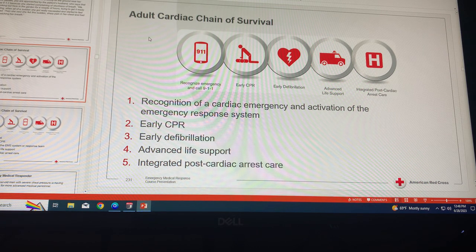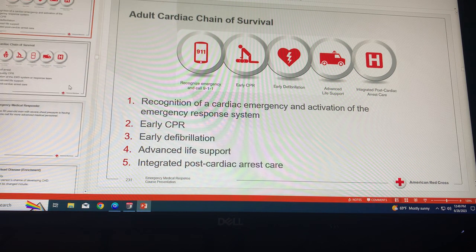Early defibrillation, advanced life support, and integrated post-cardiac care. One consistent thing you're noticing is early CPR, early defibrillation. Sometimes acting 1 or 2 minutes late can be the difference in saving someone's life or not. So we want to be well trained and prompt when addressing these types of issues.